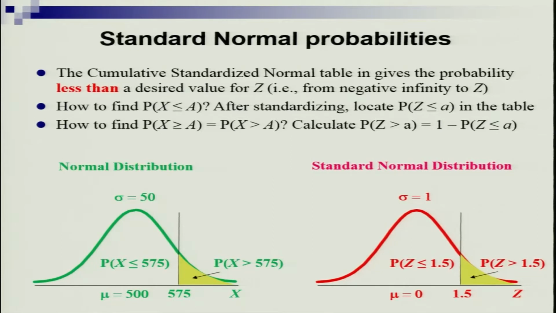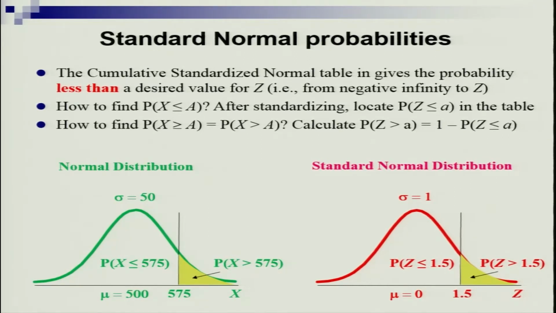We define the variable z, and this z is a standard normal variable with mean mu equal to 0. You see in the diagram on the left hand side of the slide a red bell shaped curve, which gives you the standard normal curve. Here sigma is equal to 1, of course.